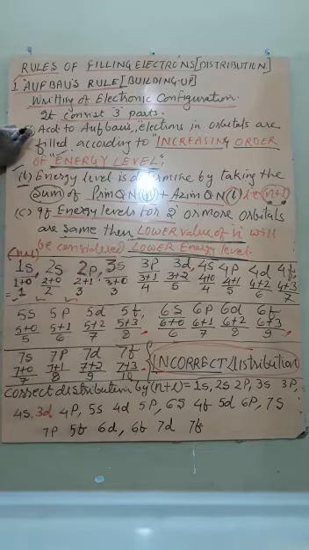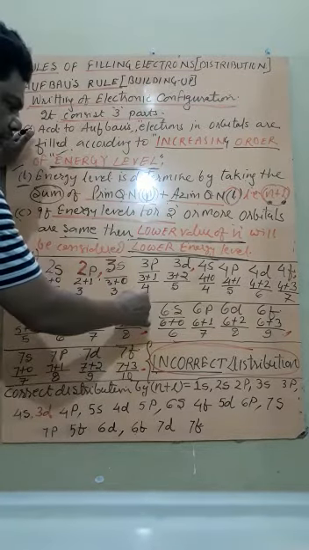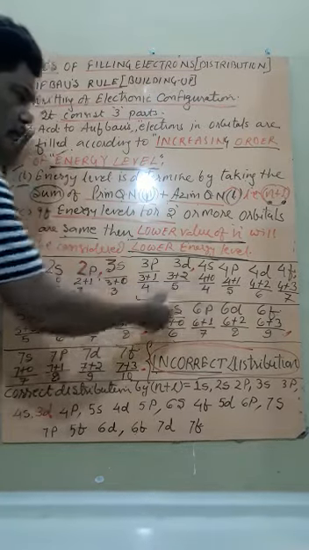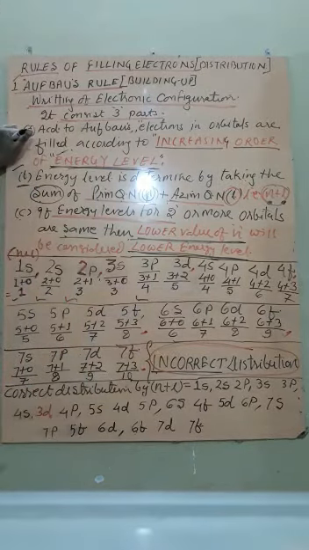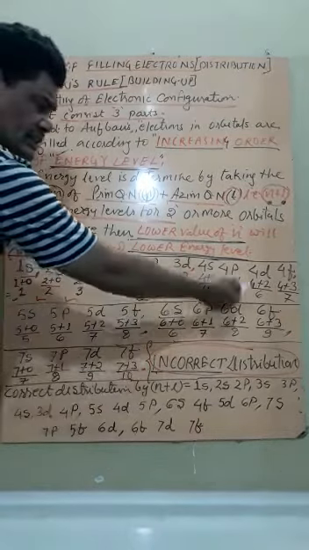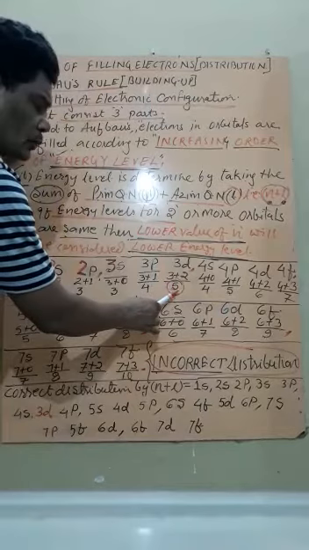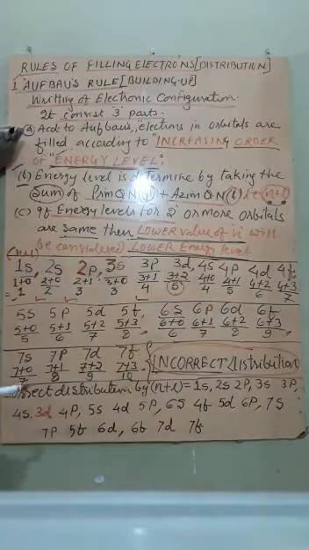Now after 3 there is a value 4. It is okay. But there is 5 and again 4. So this is not okay, because the higher energy level comes first and the lower energy level comes later on. Therefore it is incorrect. So what do we have to do? We have to correct all these sequences.